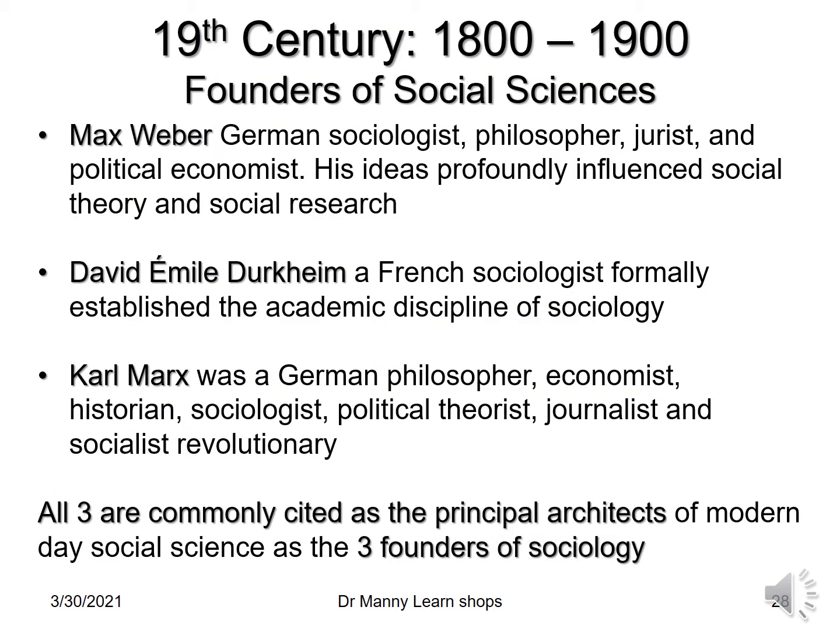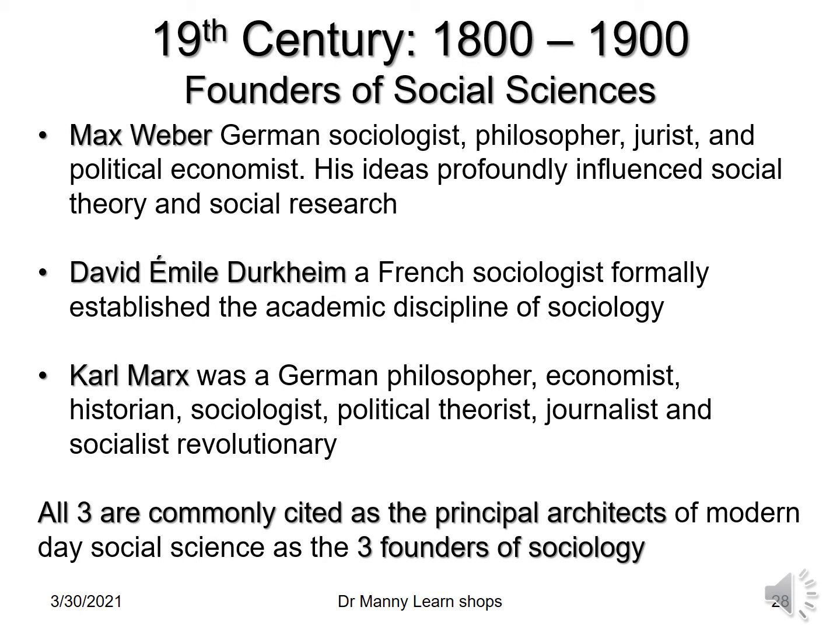Now we make the transition into the 19th century, during the period of time during the 1800s to the 1900s. This is when the main founders of the social sciences evolved. You have the three main components being Max Weber, Emile Durkheim, and Karl Marx.